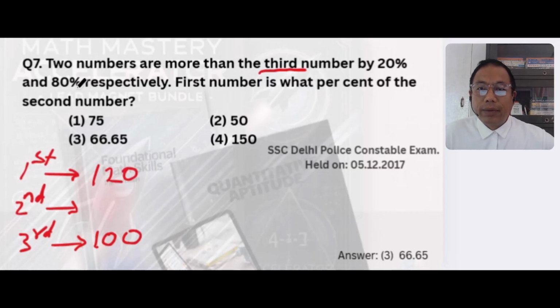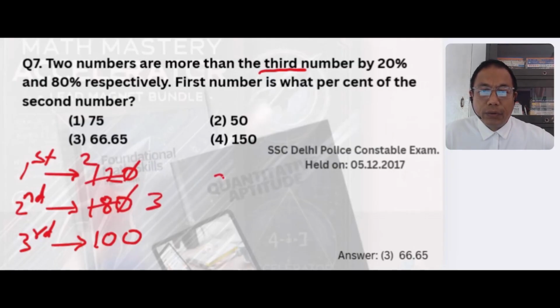Second number is 100 plus 80, 180. First number is what percent of the second number? I can cancel it. 0, 0, 6, 2 or 12, 6, 3 or 18.